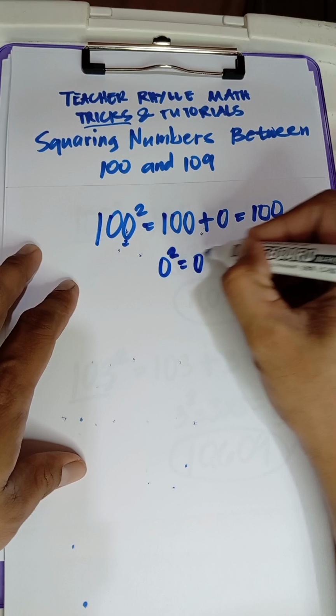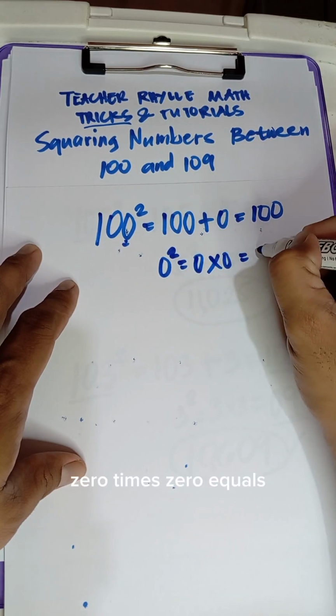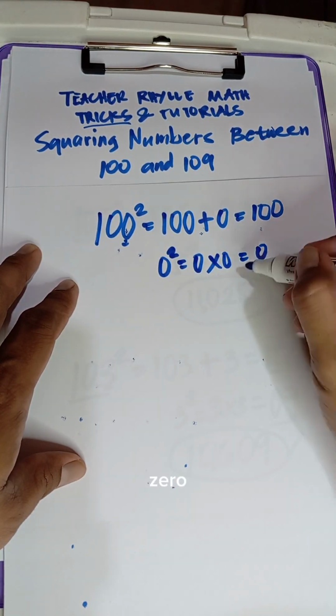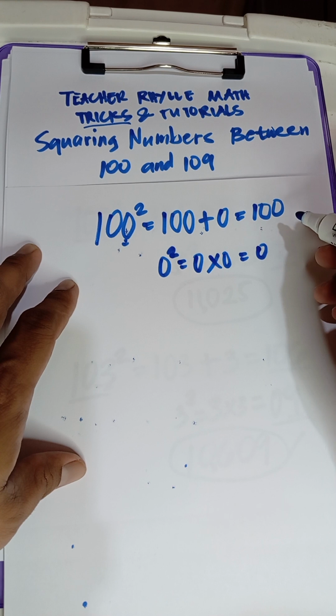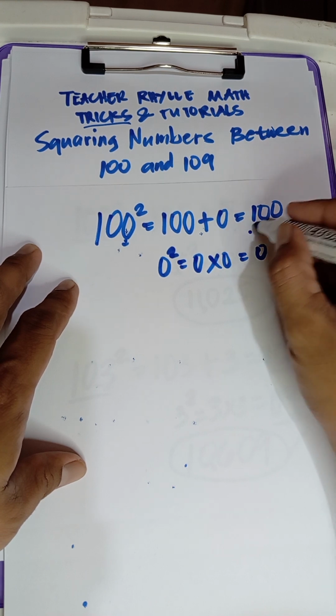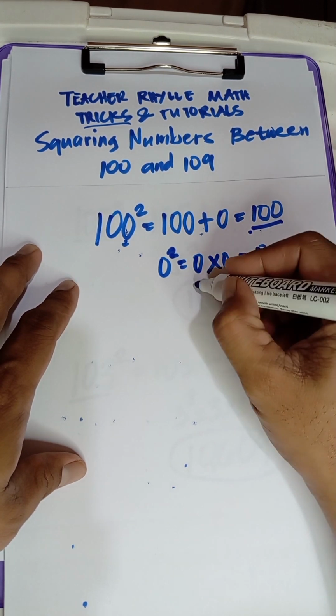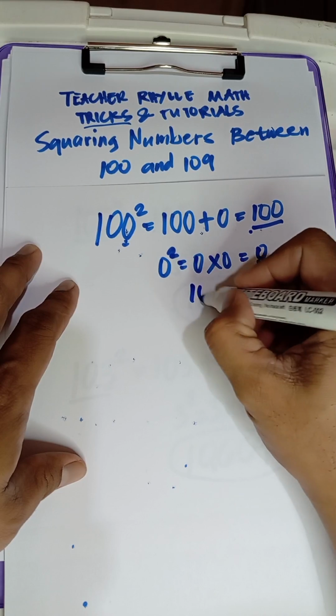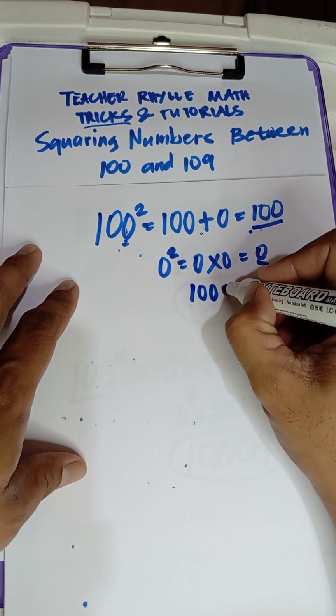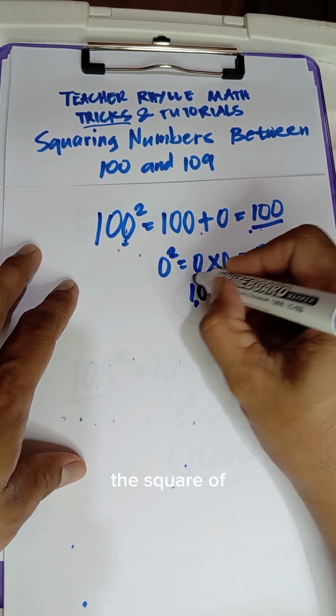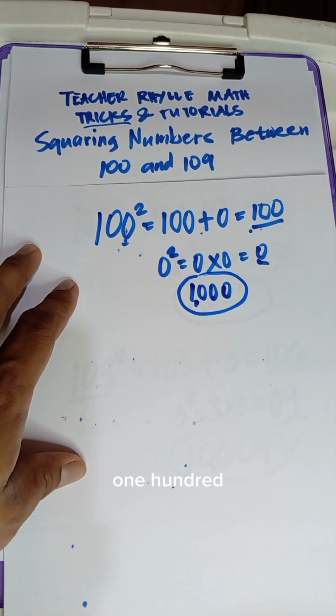That is 0 times 0 equals 0. And then rewrite this one and this one. So you will have 10,000. The square of 100 is 10,000.